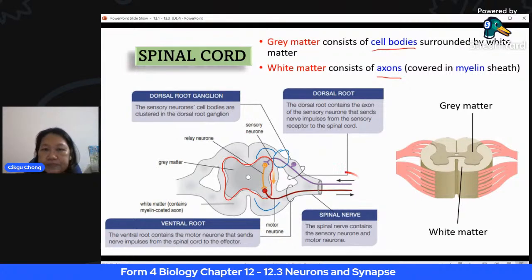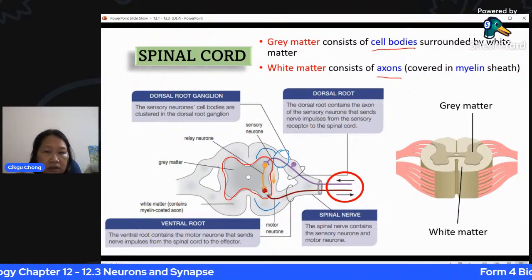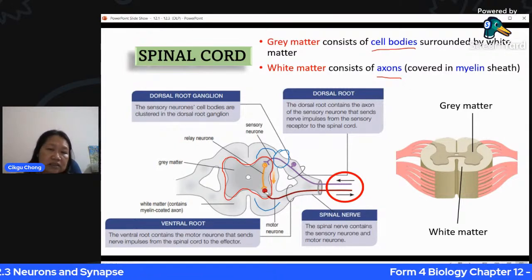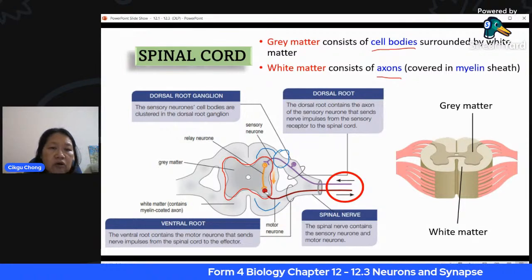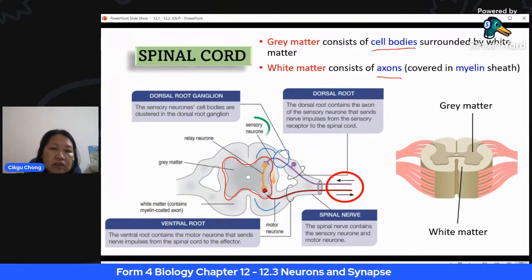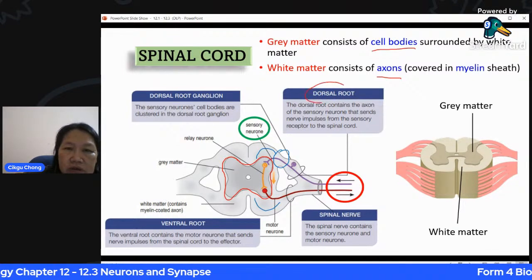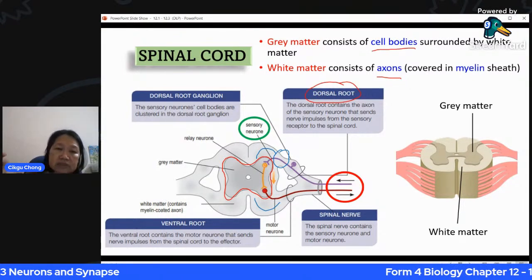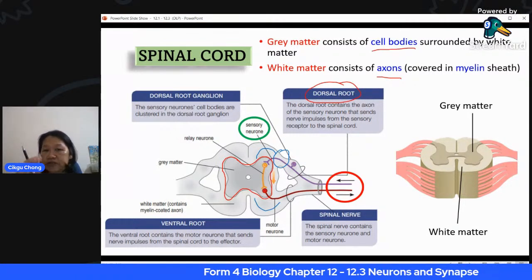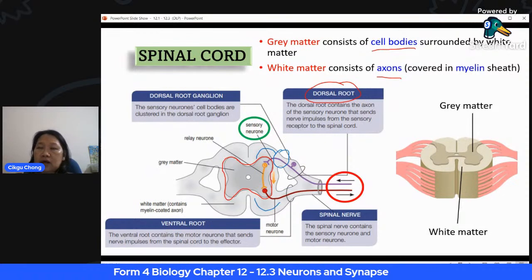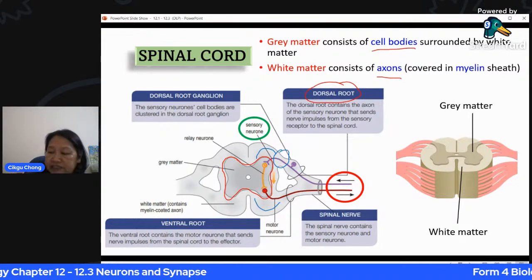Okay, now see the direction of the impulse. The neuron that transmits impulse into the spinal cord comes in by what they call the dorsal root, through the sensory neuron. The sensory neuron's function is to transmit impulse from the receptor.